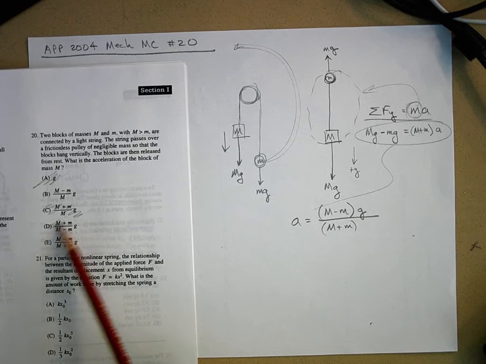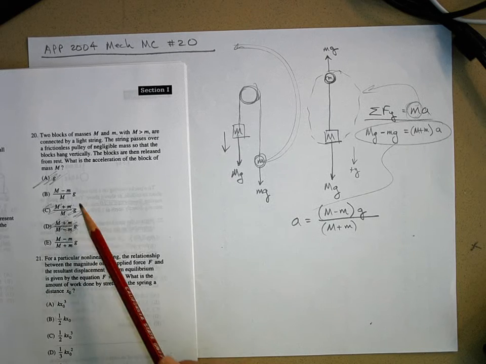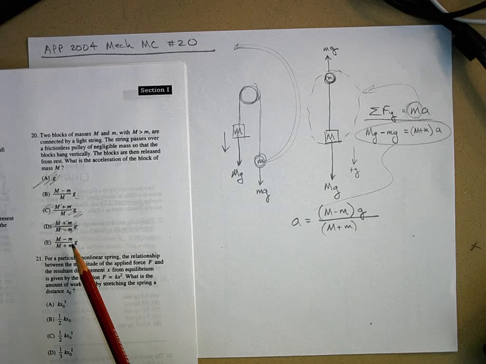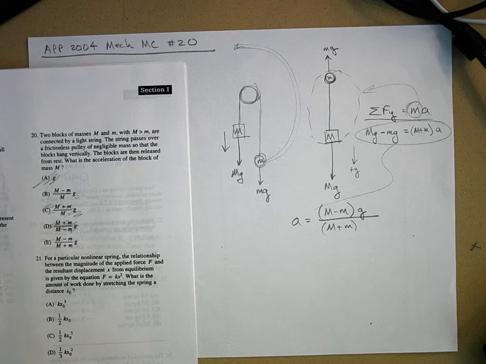No. So now it's between these two guys. Now this is less than 1, and this is less than 1, so either one of these answers would be a reasonable guess. But now you're down to 50-50 if you're guessing, instead of 1 in 5. Okay? You kind of see how that works?